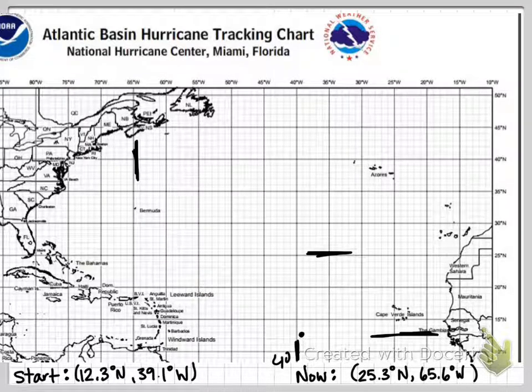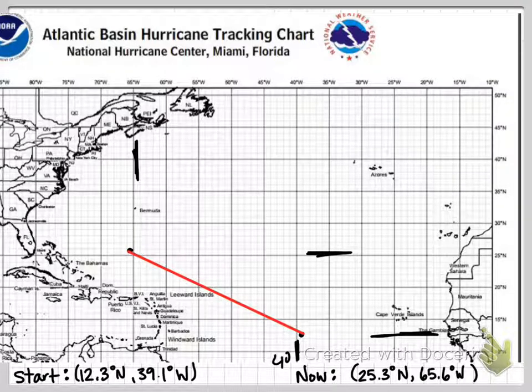So 25.3, 65.6 is going to put us right in here somewhere. Okay, so he started down here, he ended right there. Let's draw a line. He wobbled along the way, but we're just looking at his line right there. So he went from there to there. So we tracked him, and that was good.